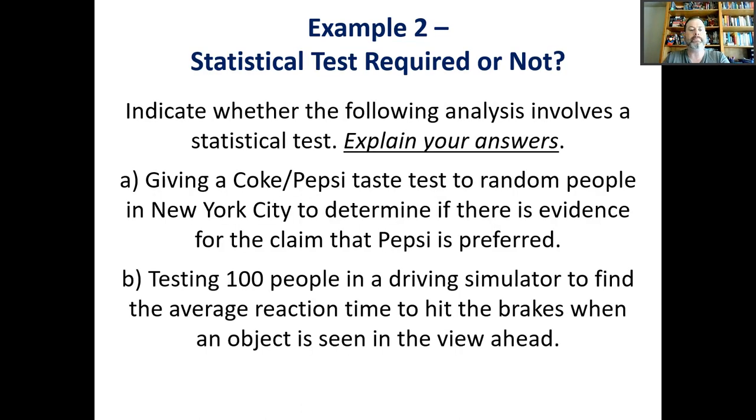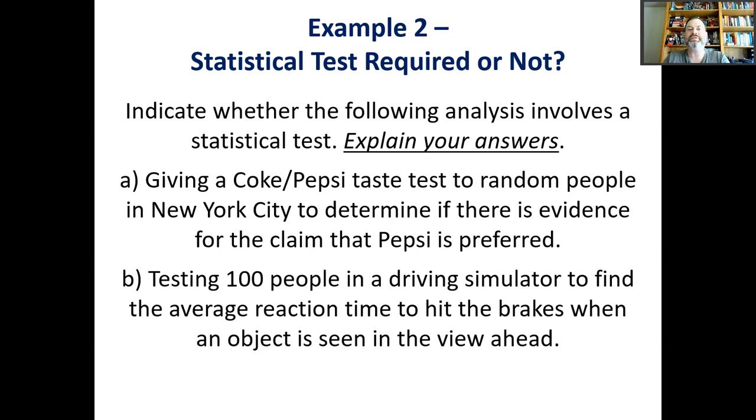All right, what about B? Testing 100 people in a driving simulator to find the average reaction time to hit the brakes when an object is seen in the view ahead. Again, we have the word test here. Does that mean it's a statistical test? Not necessarily. Could be, but it has nothing to do with that word. There's 100 people in a driving simulator. Okay, we have a sample.